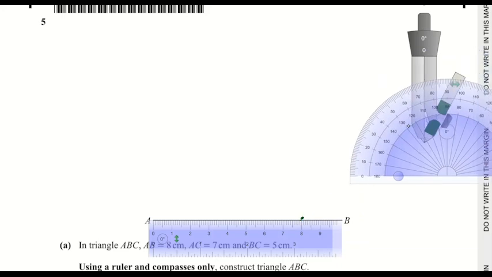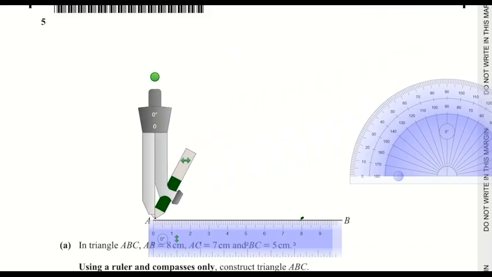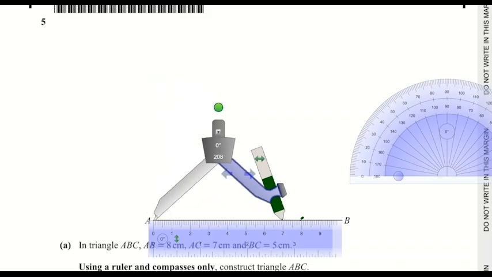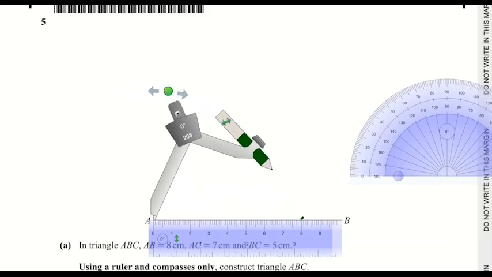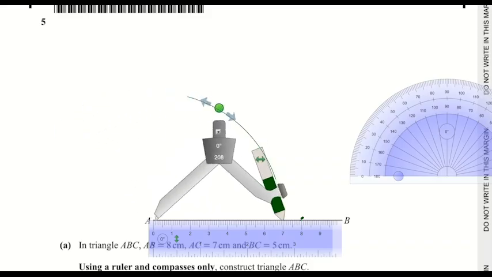Then I need to take a pair of compasses, center at A. Then let's measure 7 centimeters. So 7 centimeters is going to be around there. We need to draw an arc, just somewhere like this. Similarly, we're going to measure 5 centimeters.